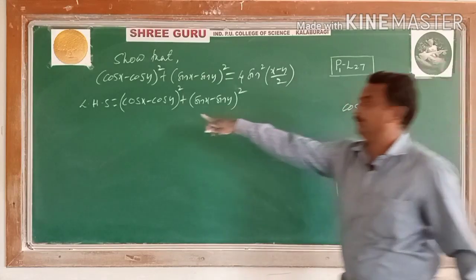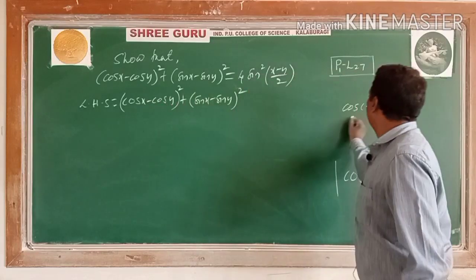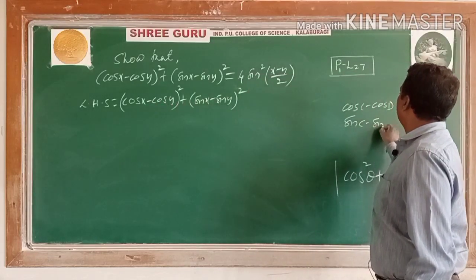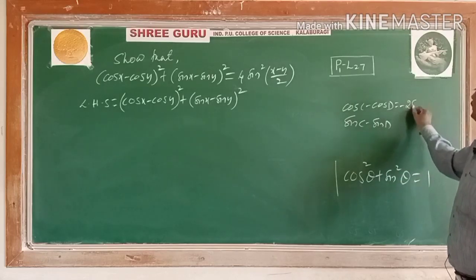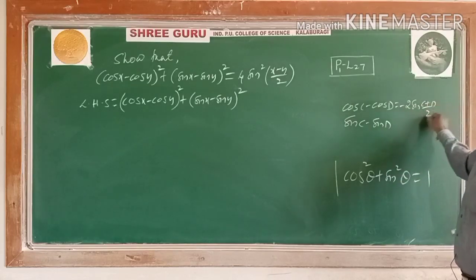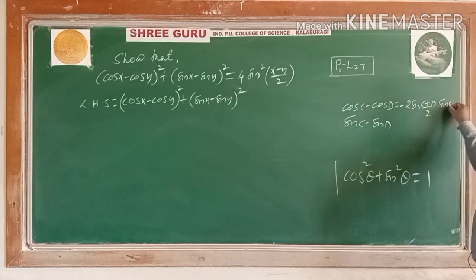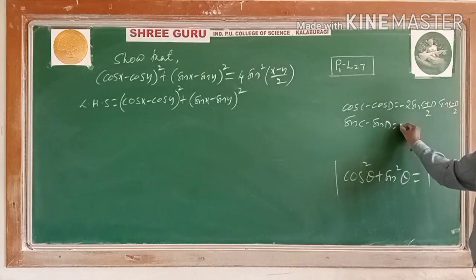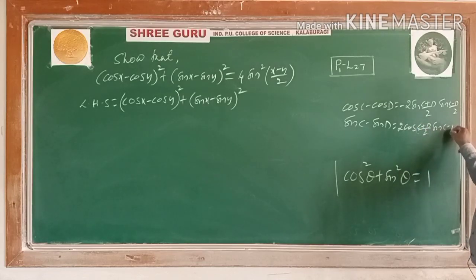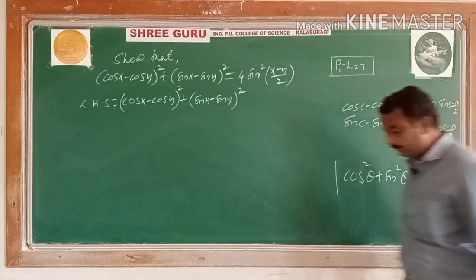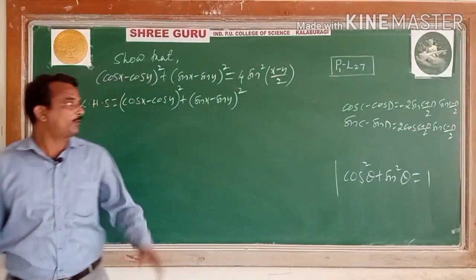This is in the form of cos C minus cos D, and this is in the form of the sin C minus sin D formula. You know very well what cos C minus cos D is: both with negative sign, first cos then sin it is. Similar type it is. Expand it here.